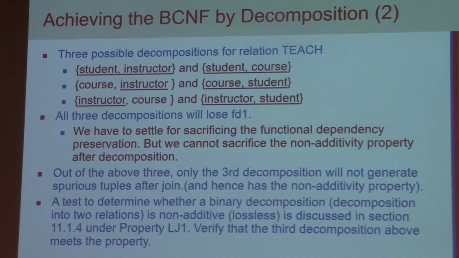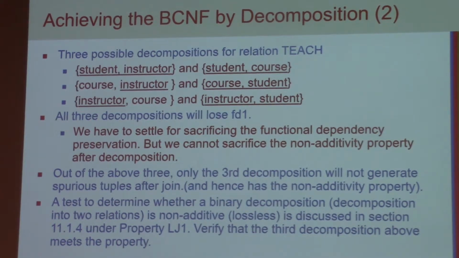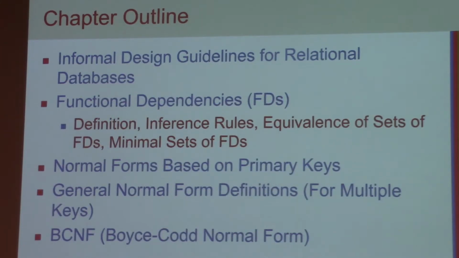And also second is instructor determines course. We already did. Instructor determines course, instructor and student, if you focus on the instructor. So there are different possibilities. You can select one of them. Who decides? Based on your application analysis, you can decide this.